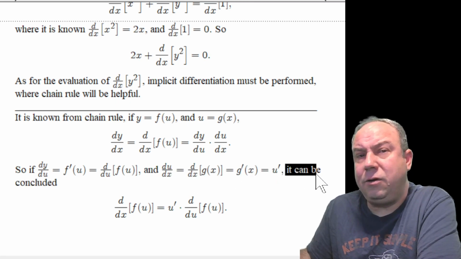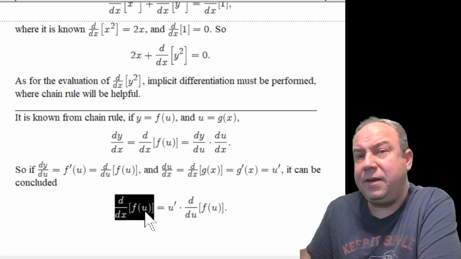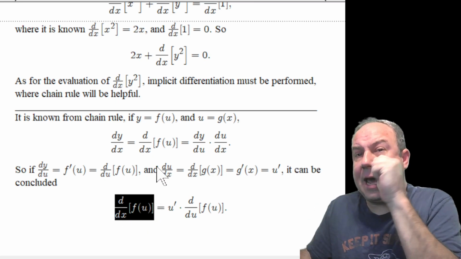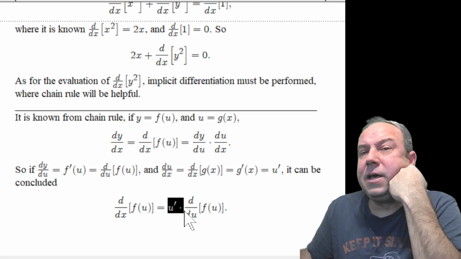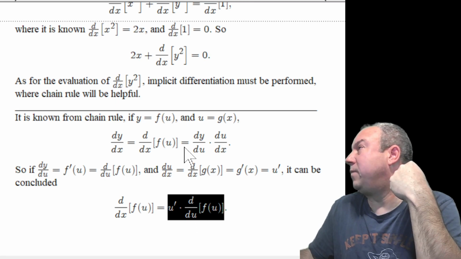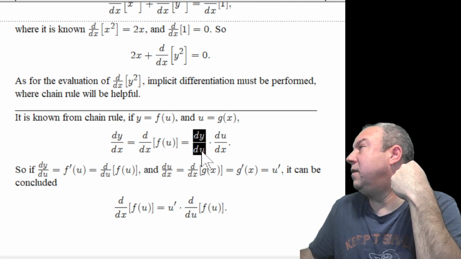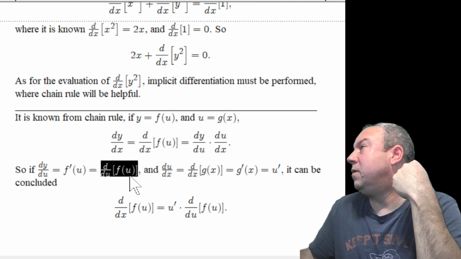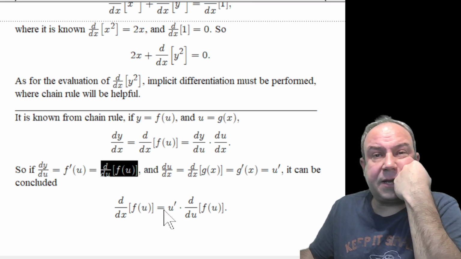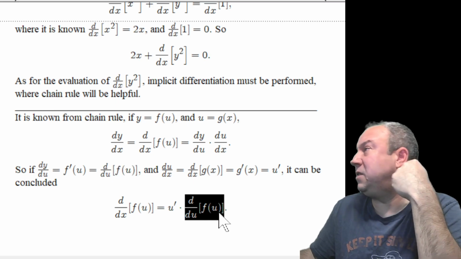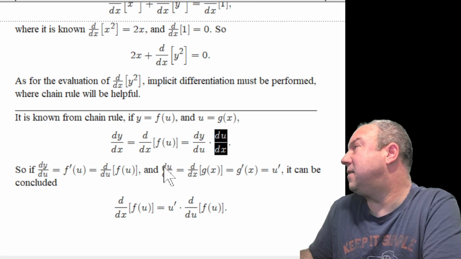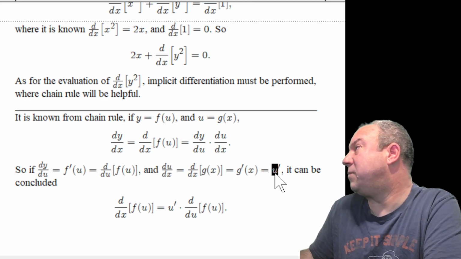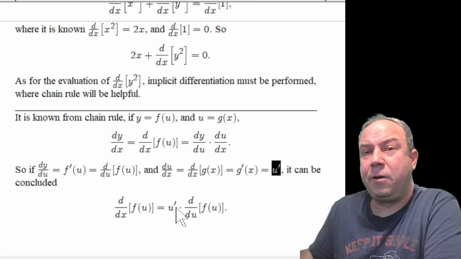And it can be concluded using the chain rule, then, that the derivative with respect to x for f of u, borrowing this notation here for dy dx, can be expressed this way, where we're substituting in for dy du the derivative with respect to u for f of u as the first factor, and for du dx we're going to substitute in the value u prime right here.